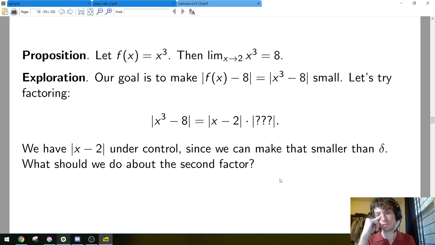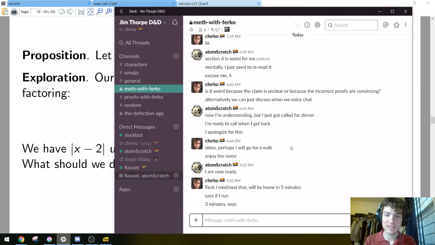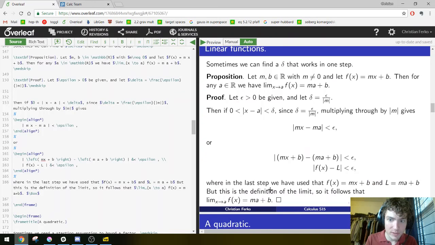Yeah, difference of cubes, because x cubed is a cube and 8 is a cube. Do you remember difference of cubes? What goes in the second factor if we're using difference of cubes?